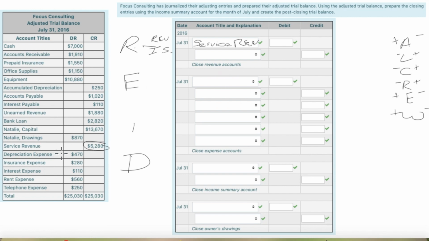So if we had a service revenue, in this case it was a positive, it would be on the left-hand side. So in order to zero that out, it has to go onto the left-hand side, because we need to minus the same amount. So it would be a debit, and we do debits first, right? So 5280. And now we need to use our income summary, our new account that we just learned.